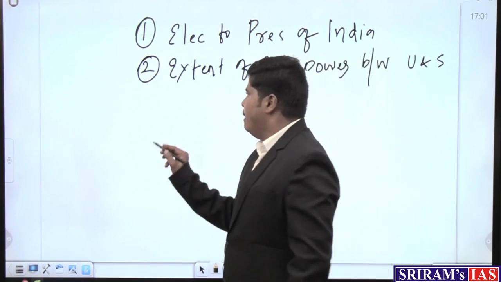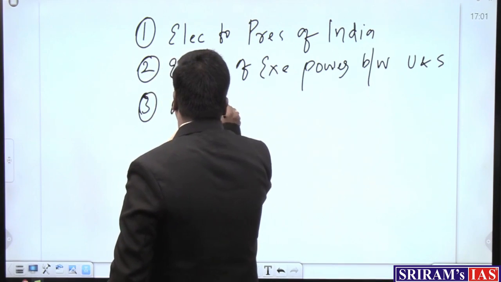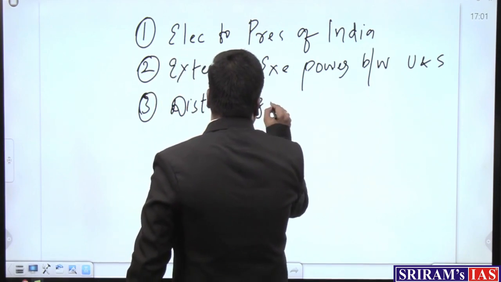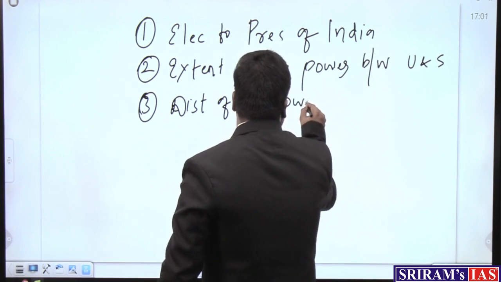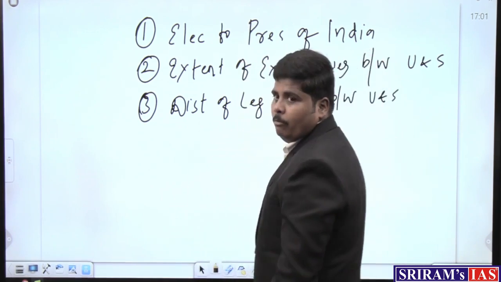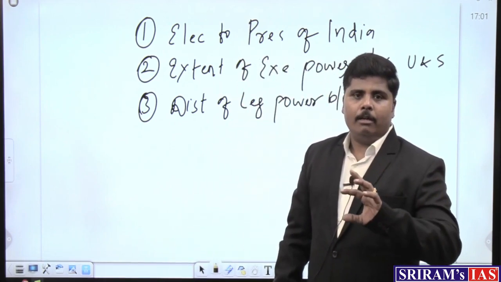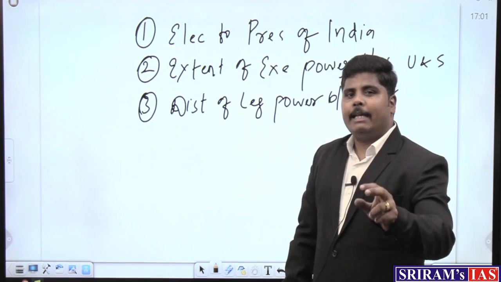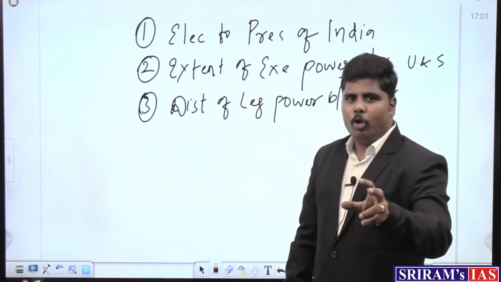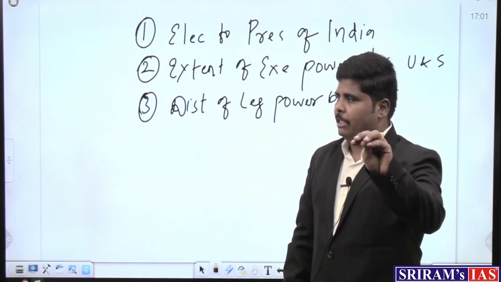Number 3, distribution of legislative power between union and state. What is legislative power? Law making power, where a person can make law, whether state can make law, center can make law. If you want to bring any changes to this area, you need to get the permission from 50% of state legislatures.